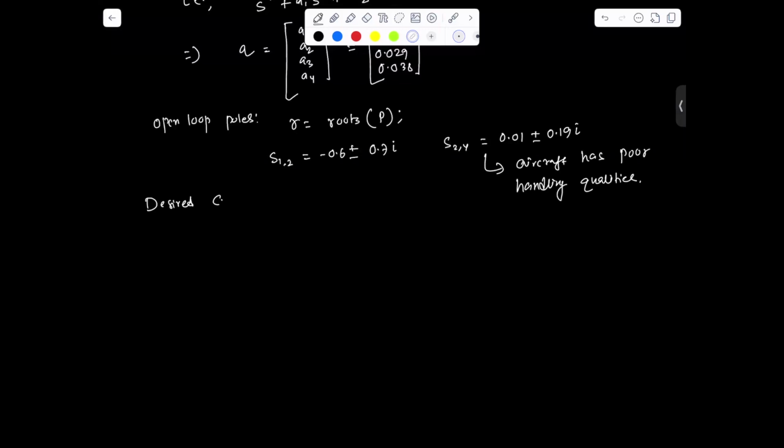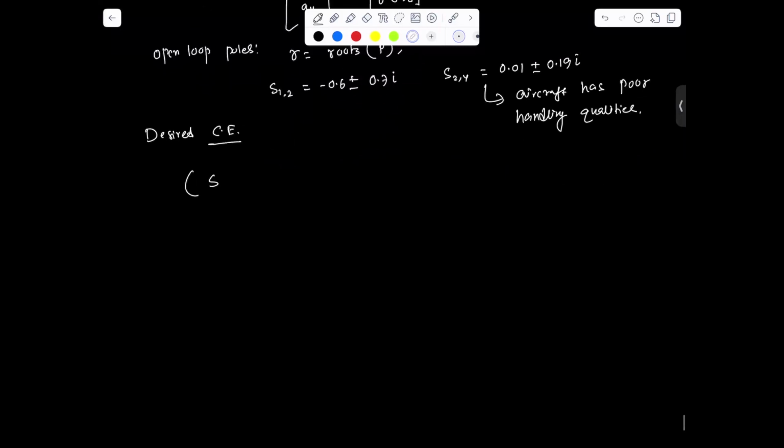The desired characteristic equation we can form as s squared plus 2 zeta short period omega n short period s plus omega n short period squared, times s squared plus 2 zeta phugoid omega n phugoid s plus omega n phugoid squared, equal to 0. And these values are given to us in the problem.